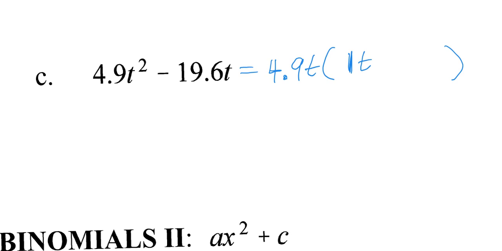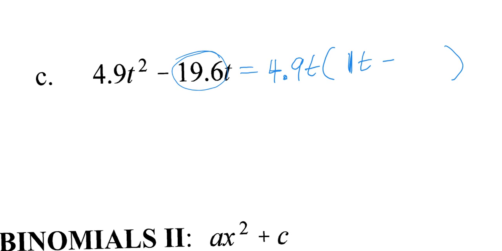If I'm going to get rid of the minus 19.6t, here's the rule. If I'm dividing a positive by a negative, I got a negative still going there, don't I? So now, here's what I'm going to do.